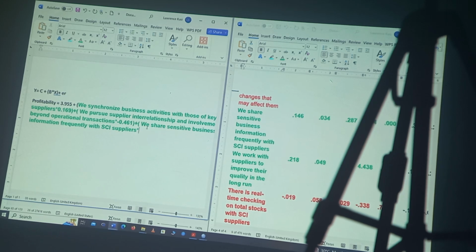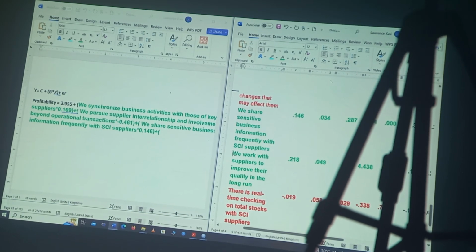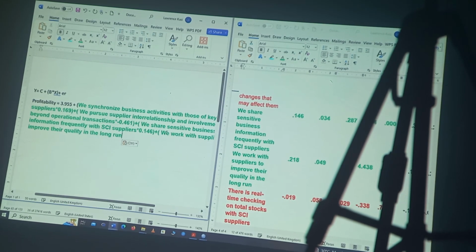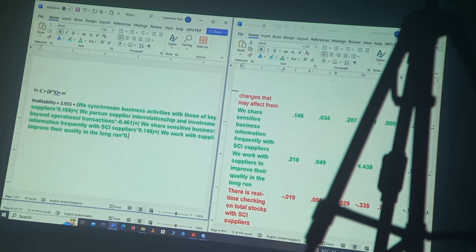Then 0.146, and plus the last one: we work with suppliers to improve quality in the long run, times 0.218. So we are done, right?